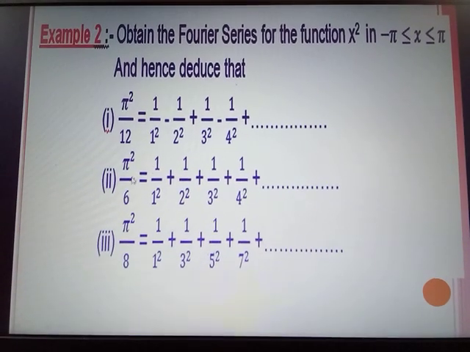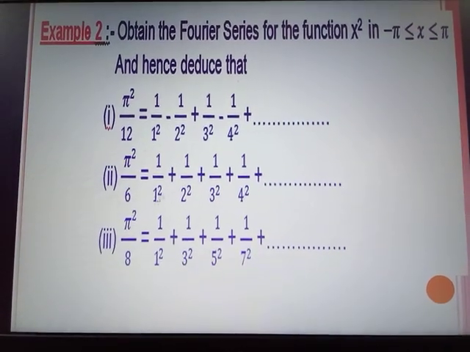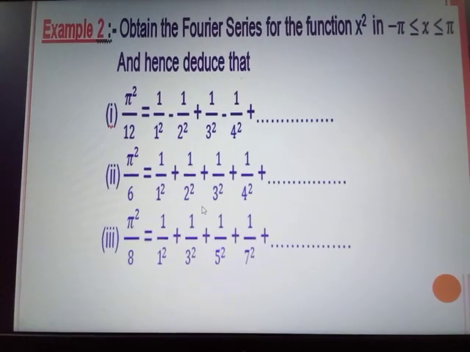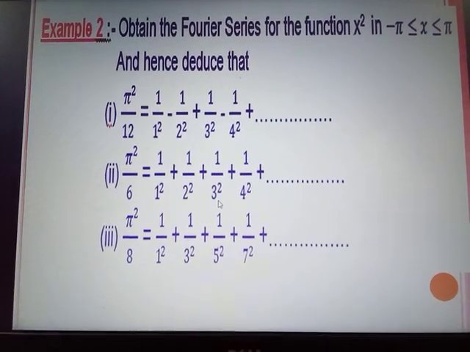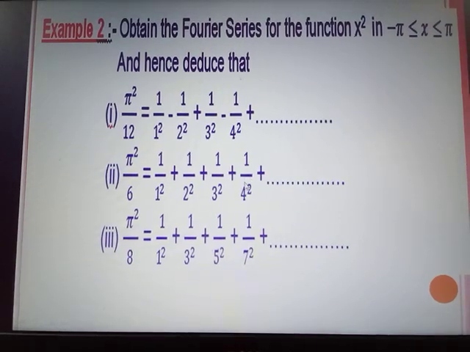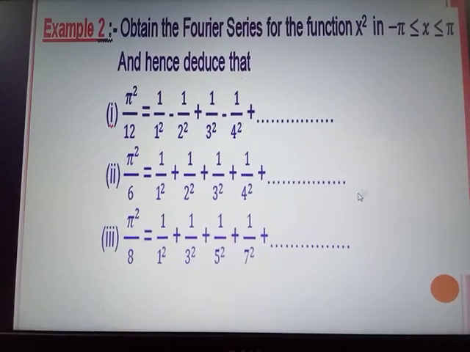Next is pi square by 6 is equal to 1 by 1 square plus 1 by 2 square plus 1 by 3 square plus 1 by 4 square plus and so on.